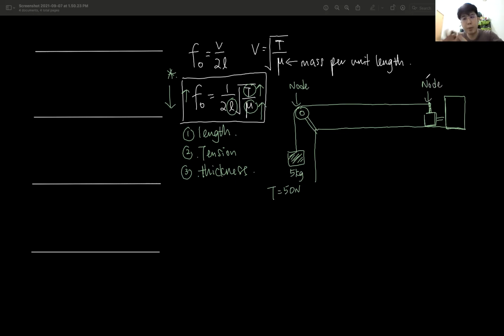It depends on the vibrator. If the vibrator is moving up and down like this, then it would be an antinode, because the particle can move up and down. If the vibrator is fixed, but it can still vibrate the string while the vibrator itself is not moving, then that is a node. So again, we got two nodes.